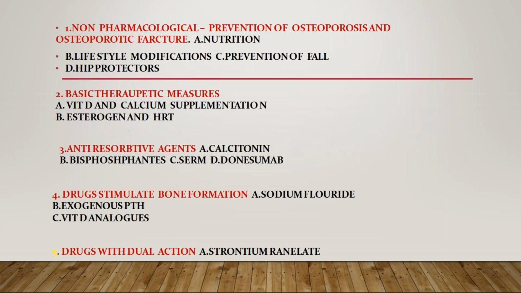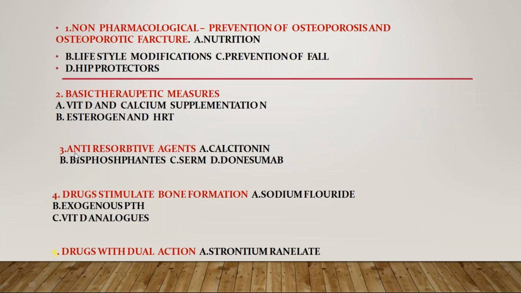Coming to management. Initially, first we'll go for non-pharmacological measures, that is nutrition, lifestyle modifications, prevention of falls, and hip protectors. These come under non-pharmacological prevention. After that, if not sufficient, then we'll go for basic therapeutic measures, that is vitamin D and calcium supplementation and estrogen, that is hormone replacement therapy.